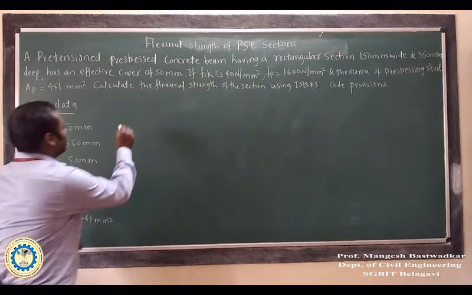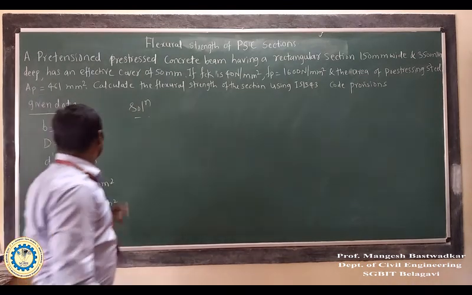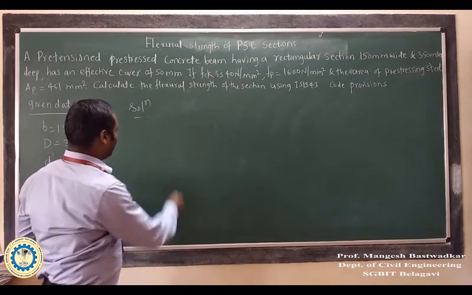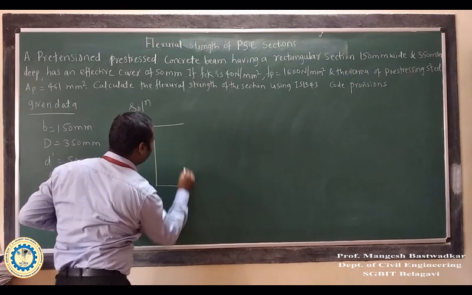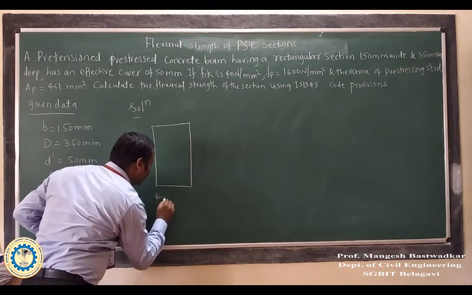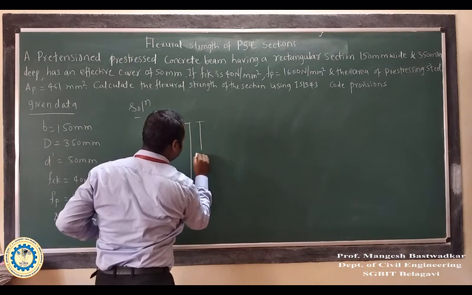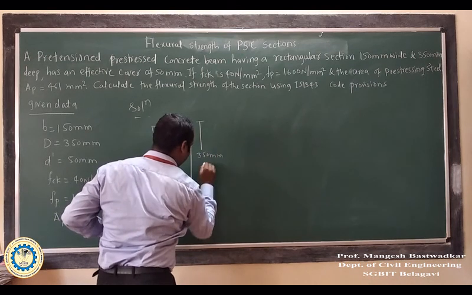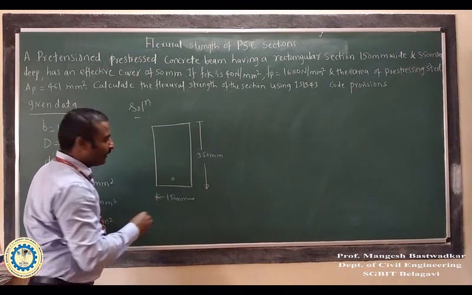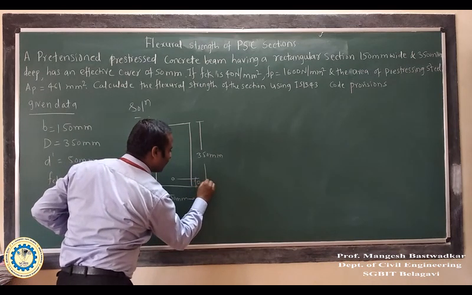So now we'll solve this problem. We require the effective depth here. Since the overall depth is given and the effective cover is given, how do we calculate the effective depth? Here a rectangular beam is drawn for your understanding purpose: 150 mm wide, and the depth is 350 mm. Then the pre-stressing tendon is located at 50 mm, meaning the effective cover is 50 mm.